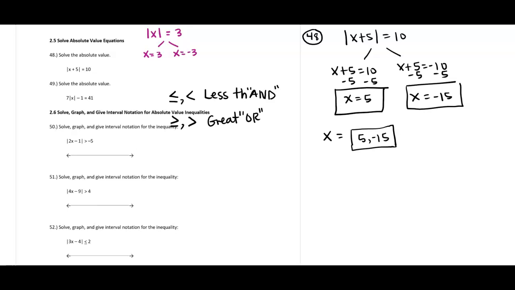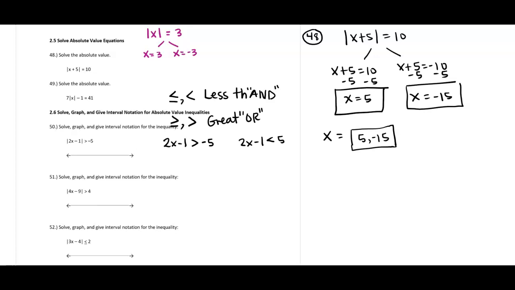So we're going to have one of them as 2x minus 1 is greater than -5, and then we're going to have our other one as 2x minus 1 is less than 5. So remember, we have to flip the inequality and then change the sign of that number. So you've got to remember to do both of those things.